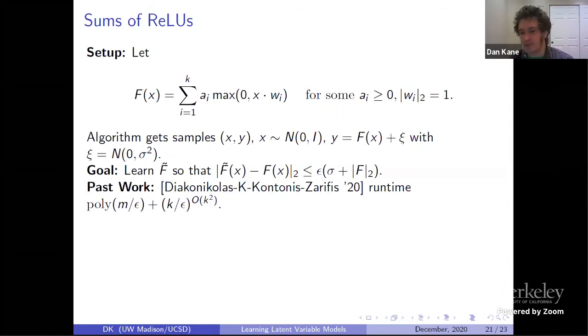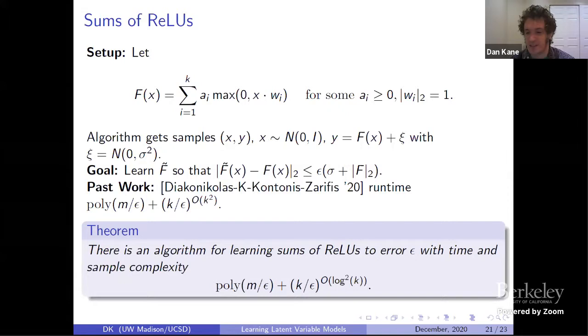Well, that's if you only computed 2 parameter moments, but if you're willing to compute logarithmically many parameter moments, you can use an algorithm very similar to the type we've talked about, and you get runtime and sample complexity poly m over epsilon plus something quasi-polynomial in k over epsilon.